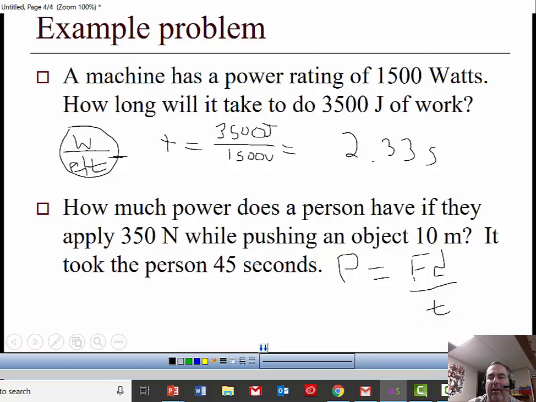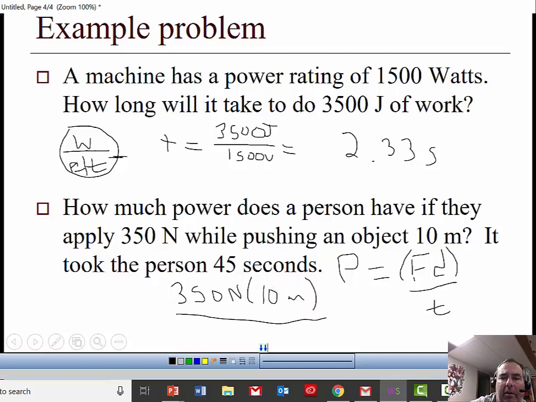So I'm going to end up having to take the force times the distance right up here in order to get that work value. Then I can divide it by the time. So if I do this one, 350 newtons, multiplied by the distance that we moved it, 10 meters, and we divide it by the 45 seconds of time.